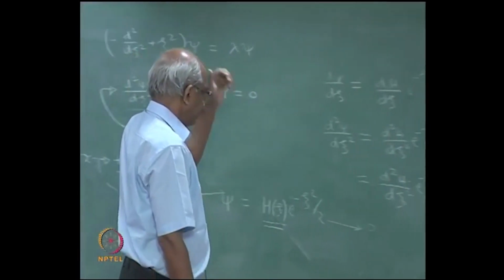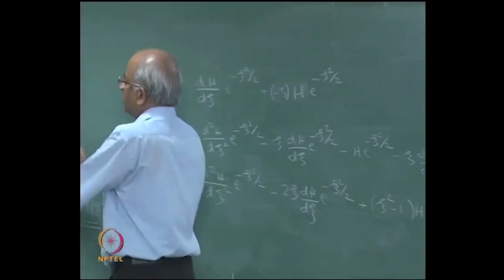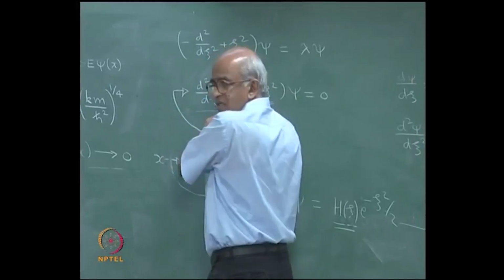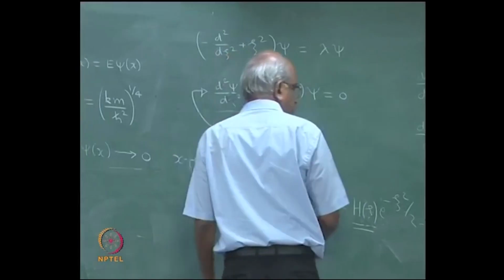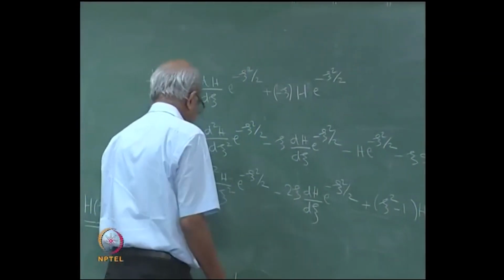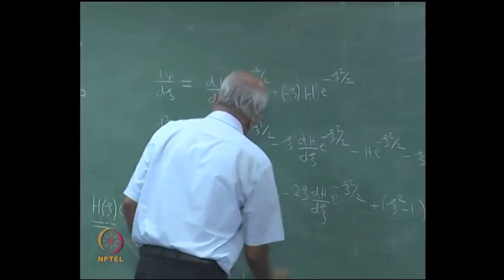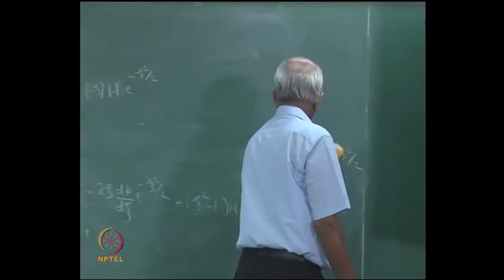So, the next thing that I should do is take this expression, put it here and add lambda minus c square into psi to it. So, to this right hand side that I have here, I am going to add the term. Let me remove this equal sign, because this is the second derivative of psi, which I have determined.